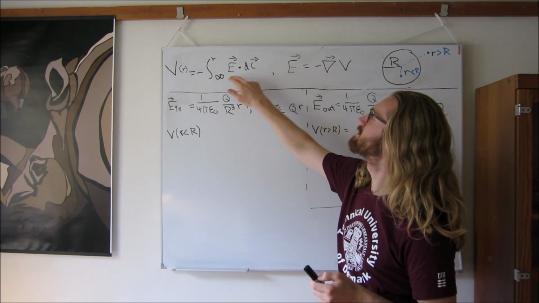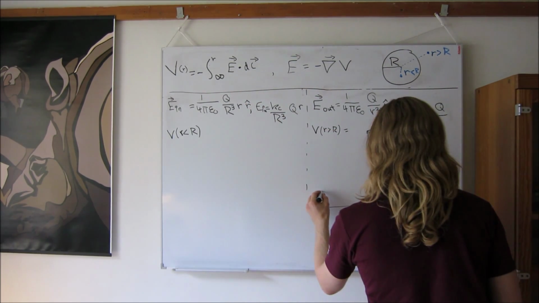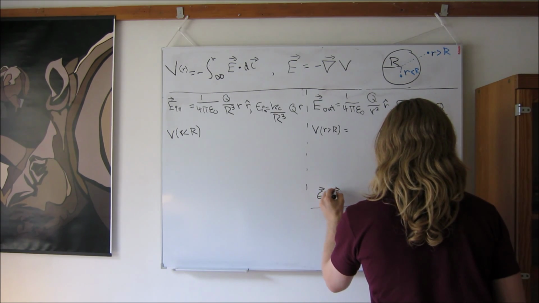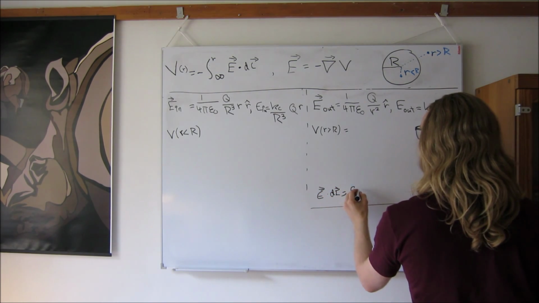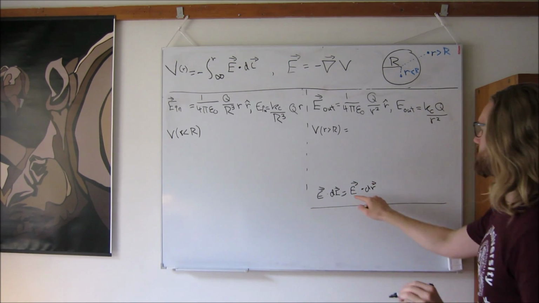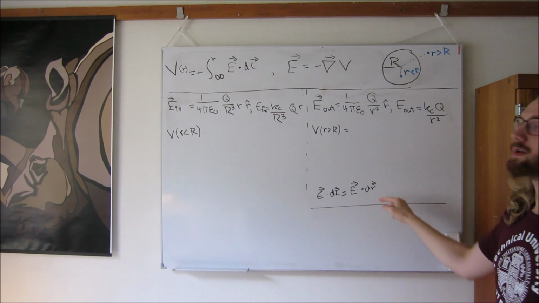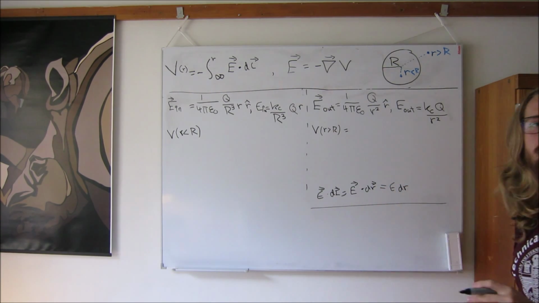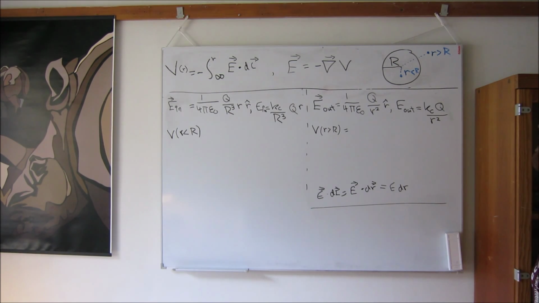Then this vector problem, E dot dl, if we pick the direction to be the radius vector, then these two are parallel and it simplifies to a scalar integral.